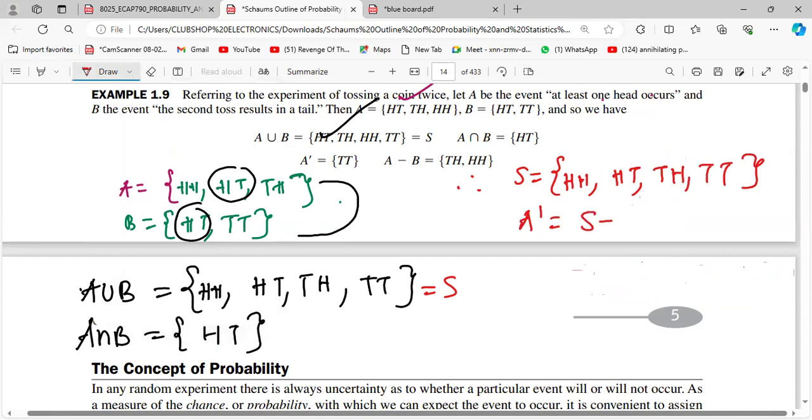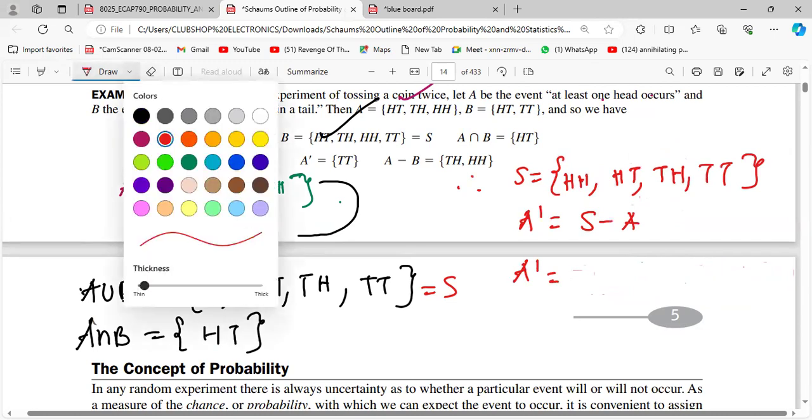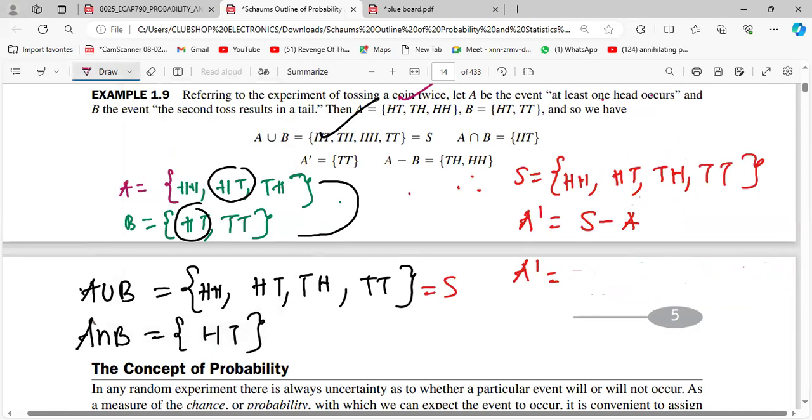A complement is S minus A. In set S, we remove the elements in A: we remove HH, HT, and TH. So we remain with TT. I hope that is fine.